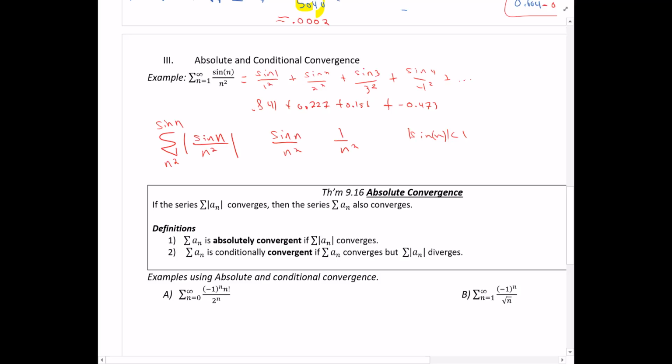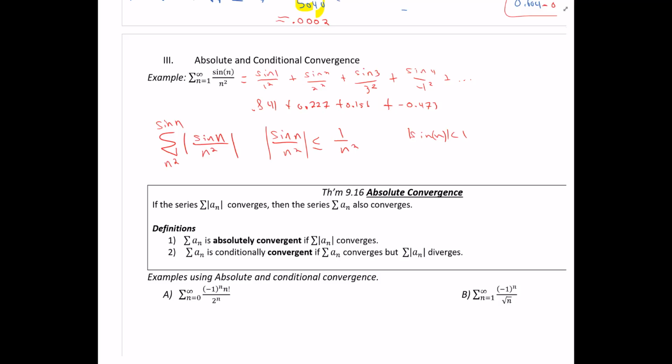And so you have to think about which one's bigger, 1 divided by a number or a number less than 1 divided by a number. And hopefully you can see that a number less than 1 divided by the same number is always going to be less than. And so we can show that the absolute value of sine n over n squared is always less than 1 over n squared, and 1 over n squared is a p-series, right?